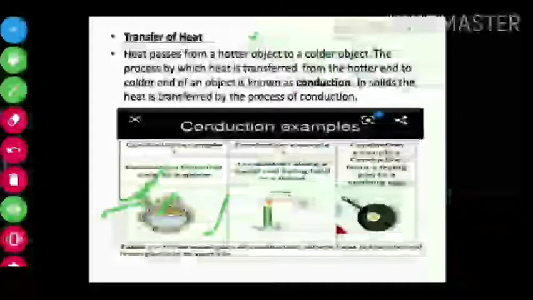Here is a burning candle, and if you hold a scale or metal rod over the flame for some time, what happens? The heat transfers from the hotter end to the colder end, so where you are holding it, initially you cannot feel hot, but after some time you feel hot and you cannot hold the scale. So this is also a type of conduction.